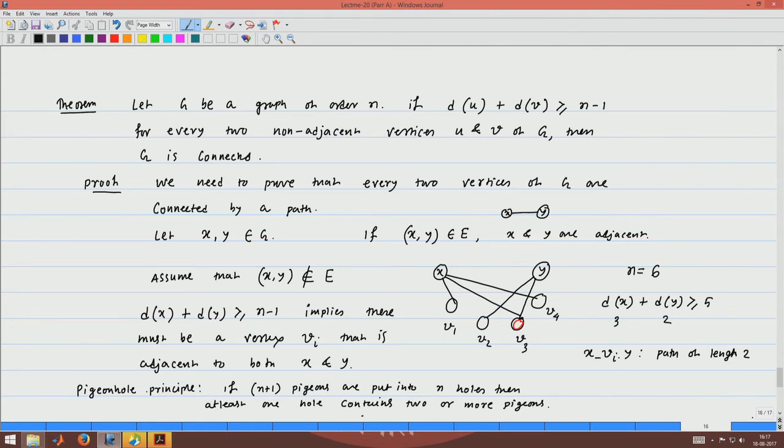So, there are 2 edges, that is why the length of this path is 2. Okay. So, we proved that when x and y are not an edge, there is a path of length 2, so there is always a path between x and y. So, we have finally proved that G is connected.